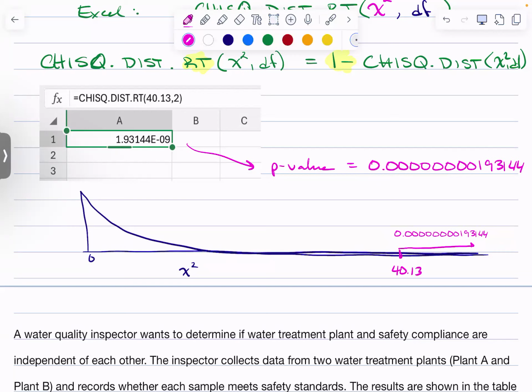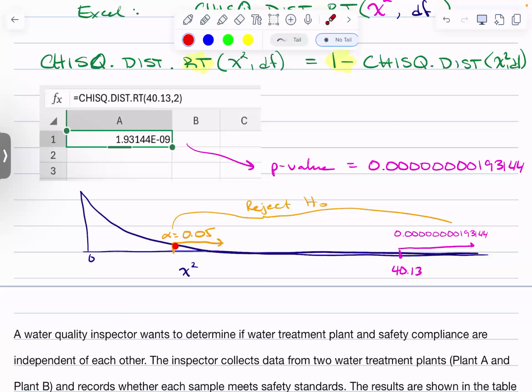Whereas we said, usually at an alpha level of 0.05, once I cross this threshold, 0.05, then I'm going to reject H naught. So after this point, alpha is 0.05, we reject H naught. Anything before then, we fail to reject H naught, or we don't have enough evidence to reject H naught.